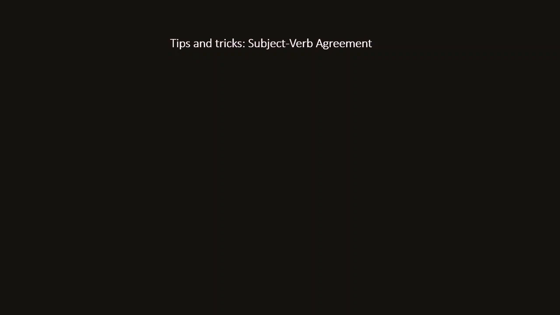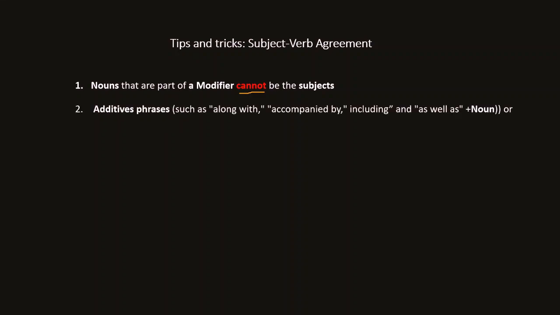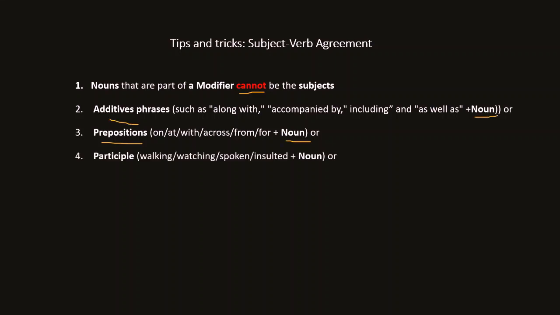Second, additive phrases such as along with, accompanied by, including, and as well as plus noun, or prepositions such as on, at, with, across, from, for plus noun, or a participle, present participle or past participle such as walking, watching, spoken, taken, broken plus a noun, and a relative pronoun such as that, which, who, where, whose plus noun.